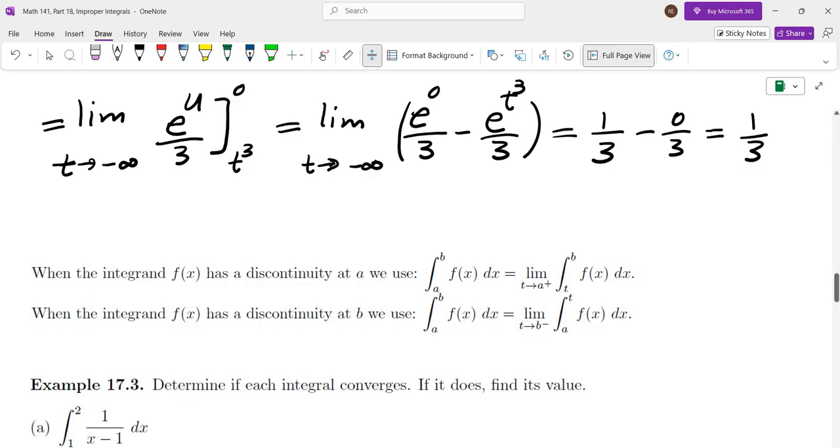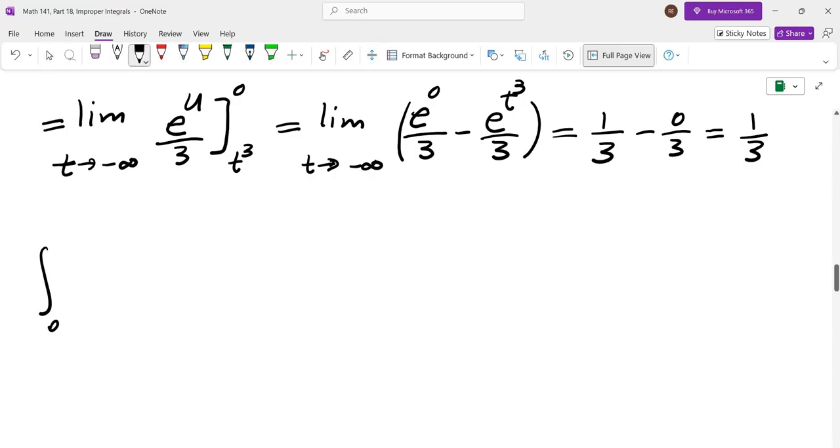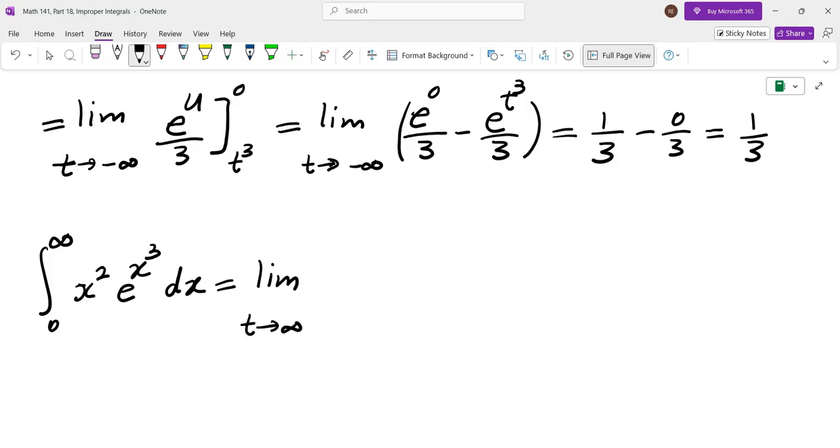But that is not enough. We'll also need to evaluate the integral from 0 to infinity of the exact same thing, x squared e to the power of x cubed dx. This is again the limit as t goes to infinity, 0 to t, of x squared e to the power of x cubed dx. Now we did much of the calculation before.